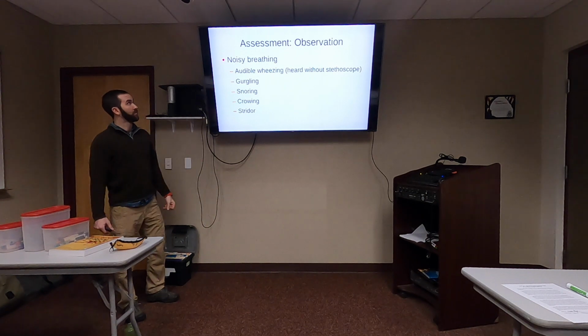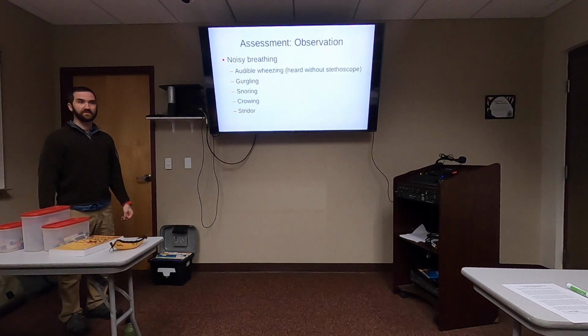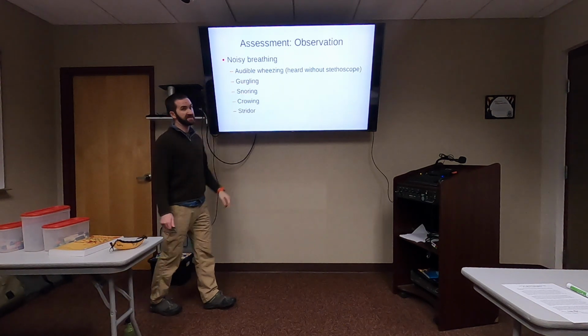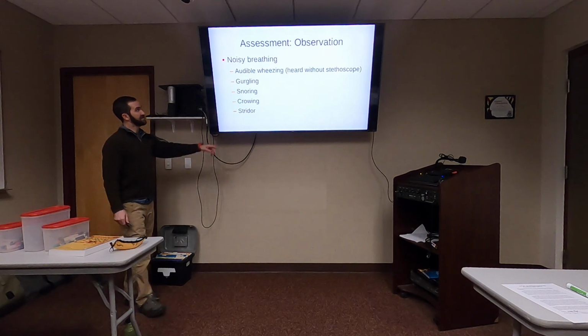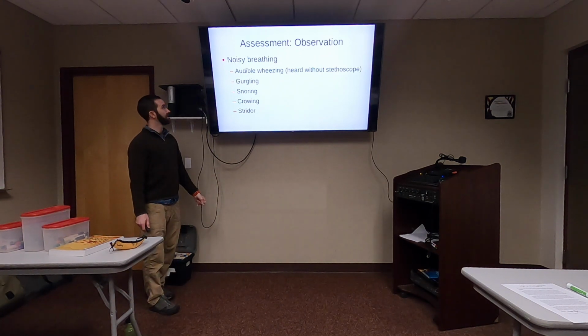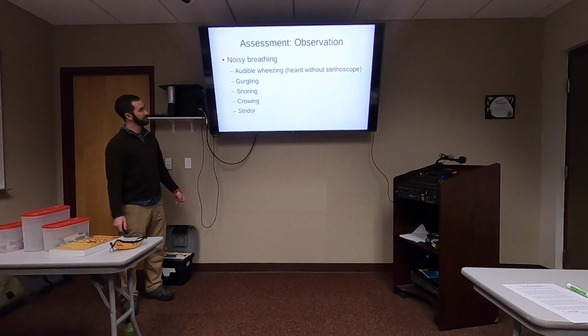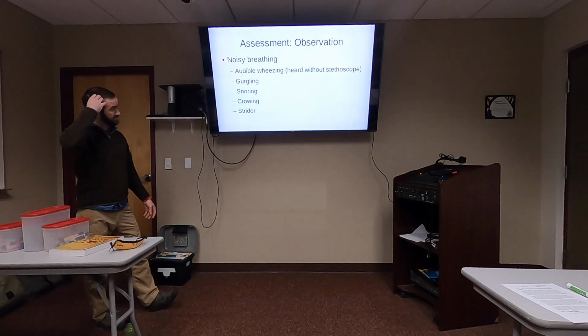So things like wheezing, usually you can hear that without a stethoscope, that kind of thing where they're pulling air in. Most wheezing is on the expiratory phase. And that's that kind of high-pitched whistly sound, versus gurgling like they're breathing through fluid, snoring like their tongue's getting in the way, crowing, kind of a coughy, barky sound.